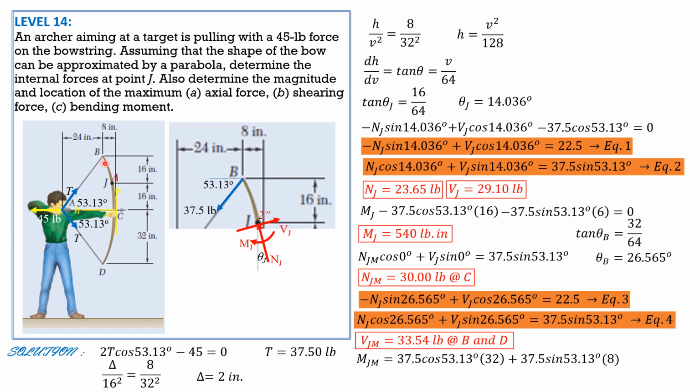And there's no point in the bow where this force is farther from C except for B and D, the tension. So the maximum moment occurs at C, and its value is 960 pound-inch. So that's it for this problem.